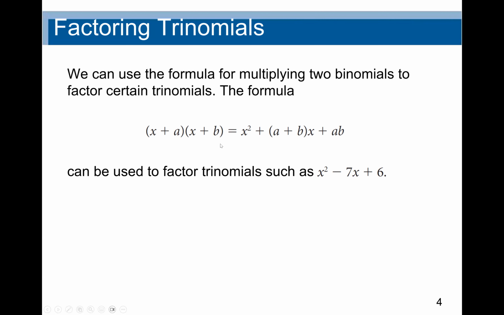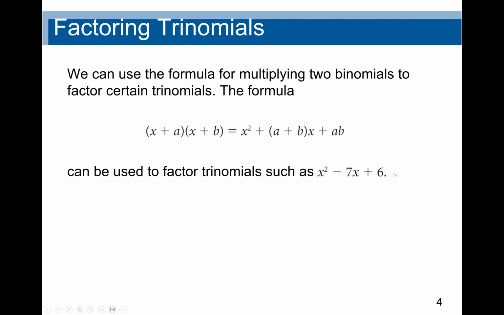Now let's go back to the example here. We can see that we have a and b here. So if I have a trinomial, it means I'm looking for numbers such that when I multiply a and b, I'll get the last value, and when I add those two, a and b, I'll get the second value.